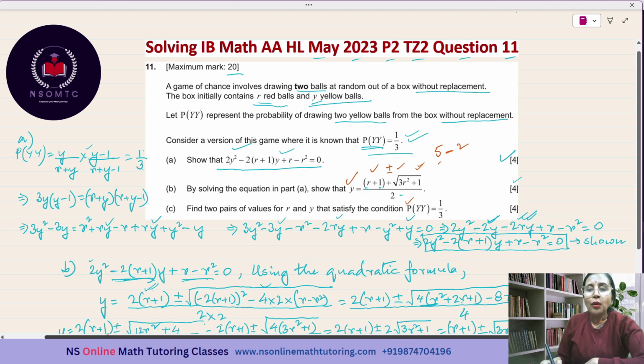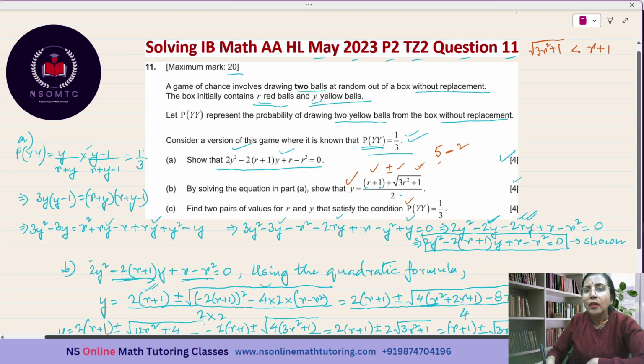Okay. So, let us see whether we can have that type of a situation where square root of 3r squared plus 1 is less than r plus 1.